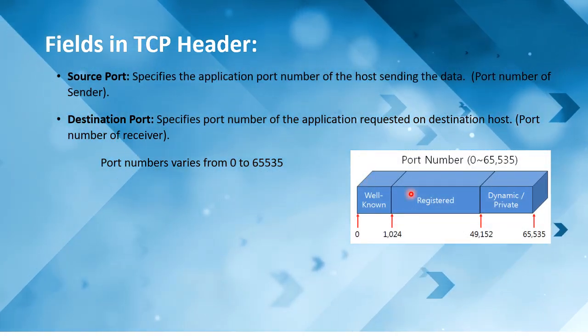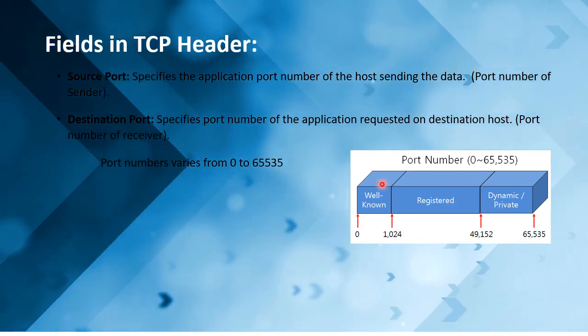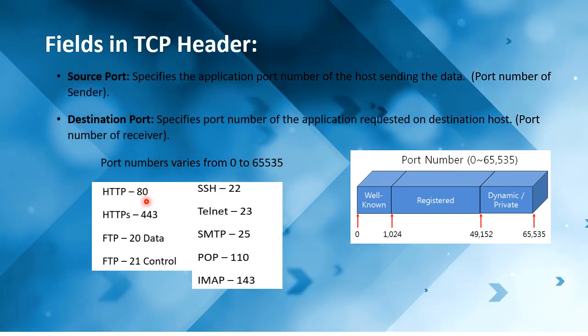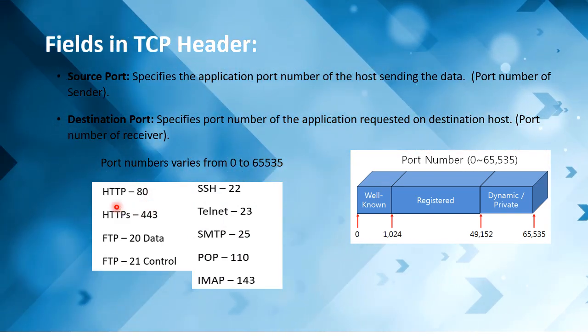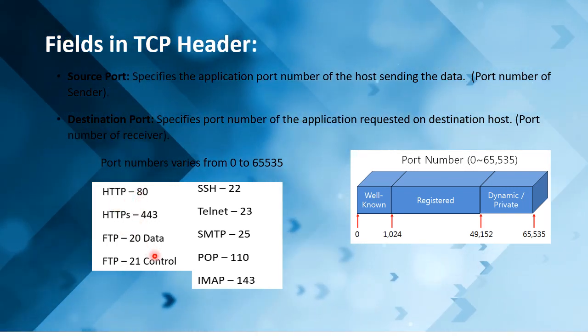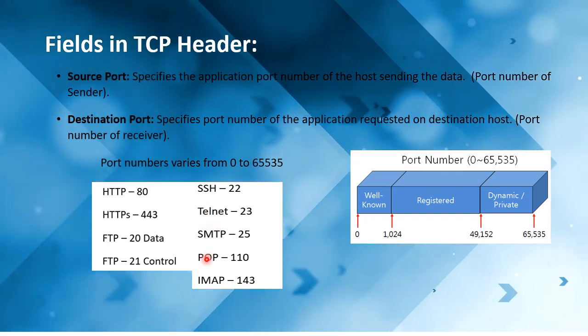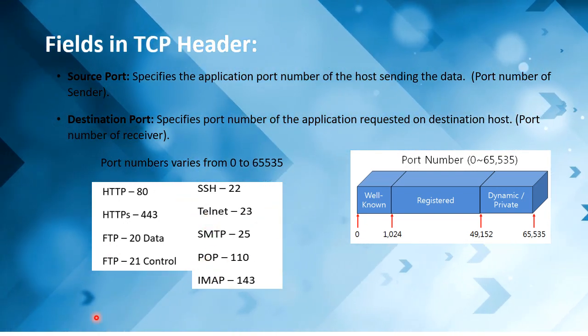And this is the range of port numbers: well-known ports, registered ports, and dynamic ports. Well-known ports belong to application port numbers like HTTP, HTTPS, FTP, SSH, Telnet, POP. These belong to the well-known port numbers.